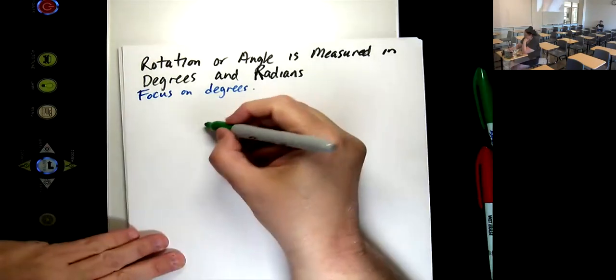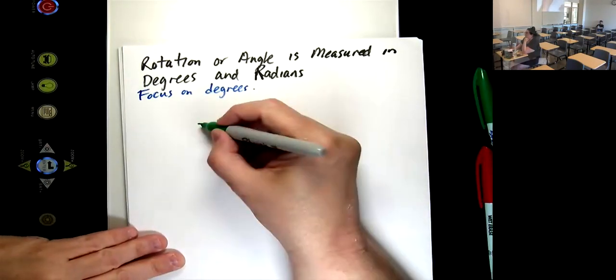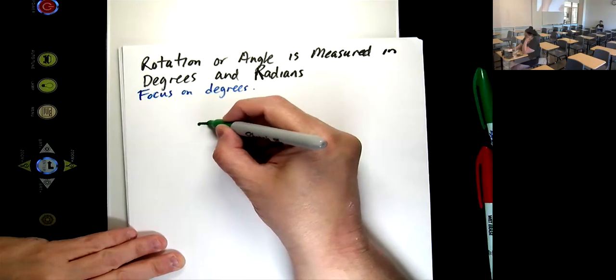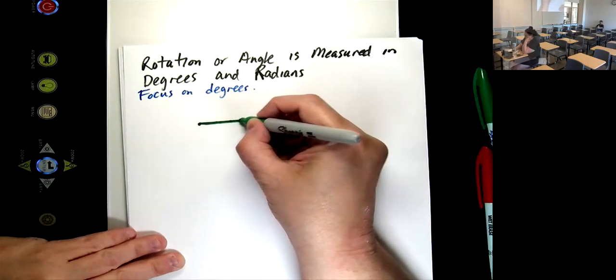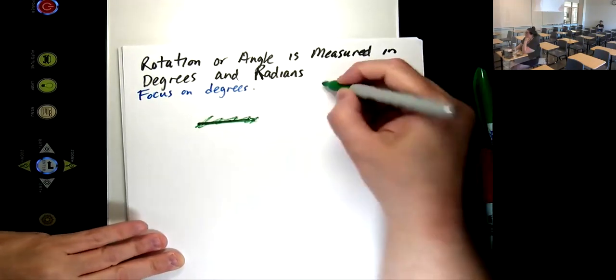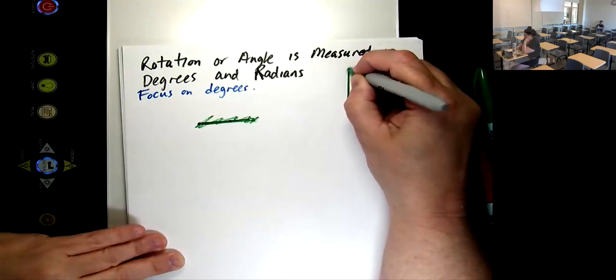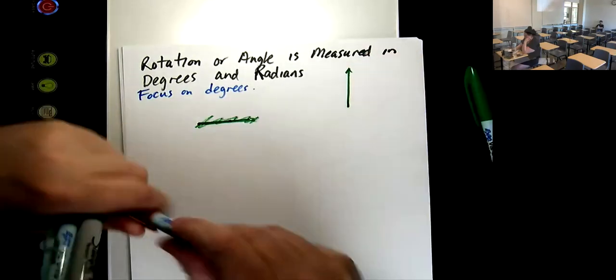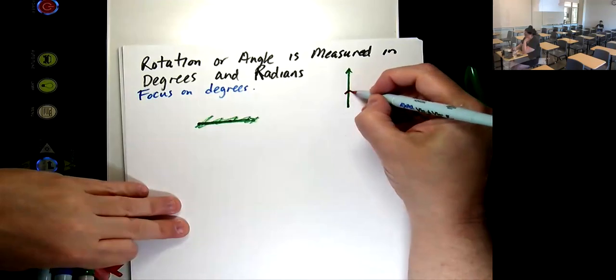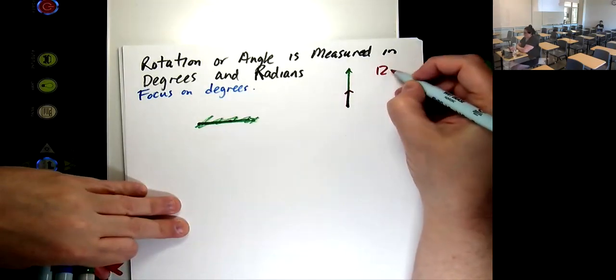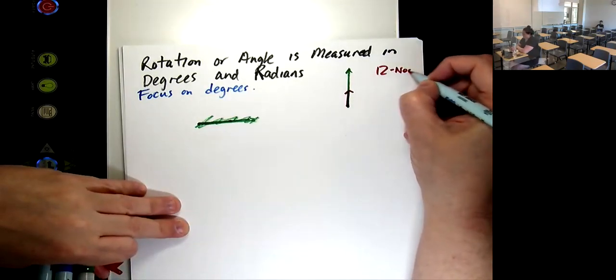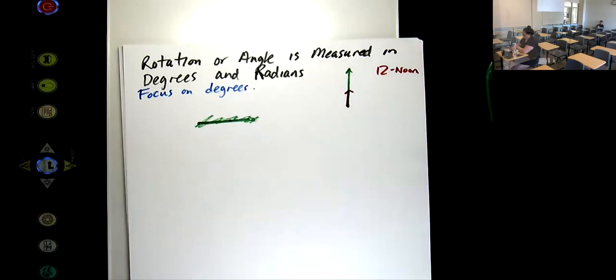Let's say I had two rays. Nope, better way of showing it. The actual alignment of a clock. It's 12 noon, so they're both pointed up.